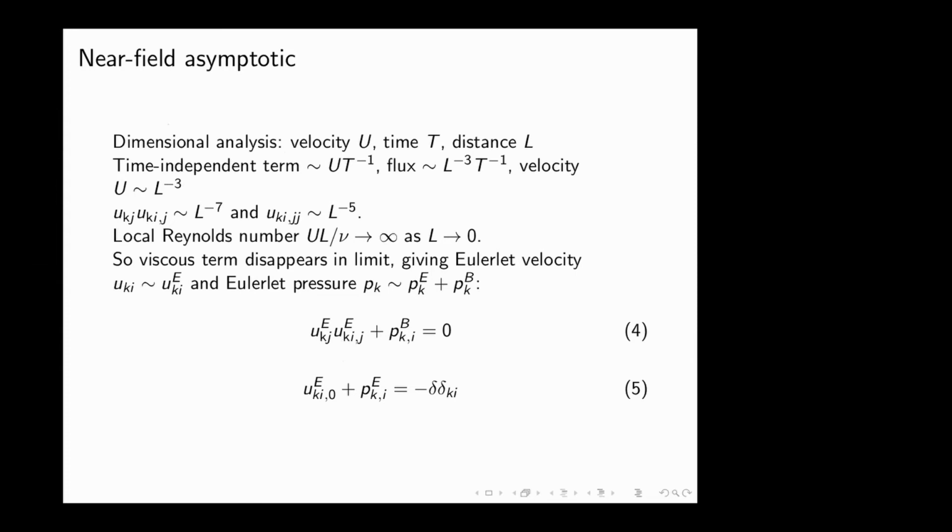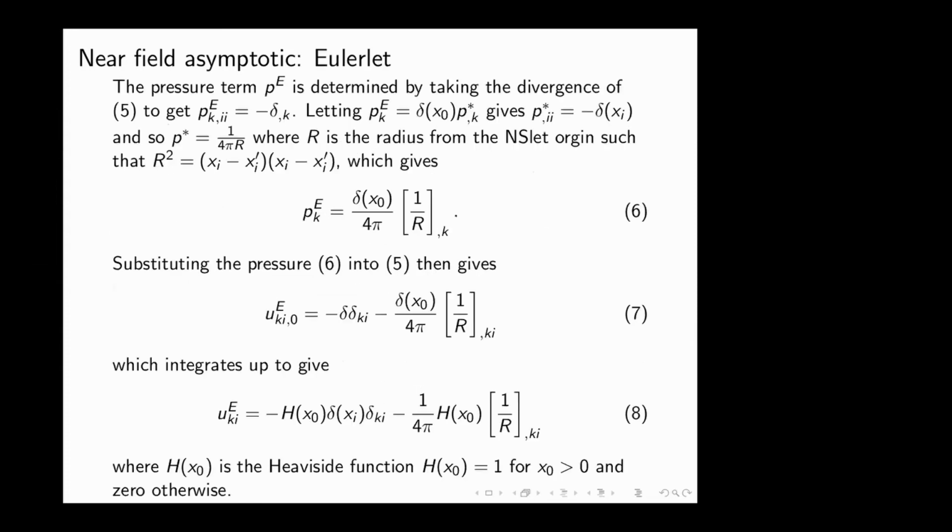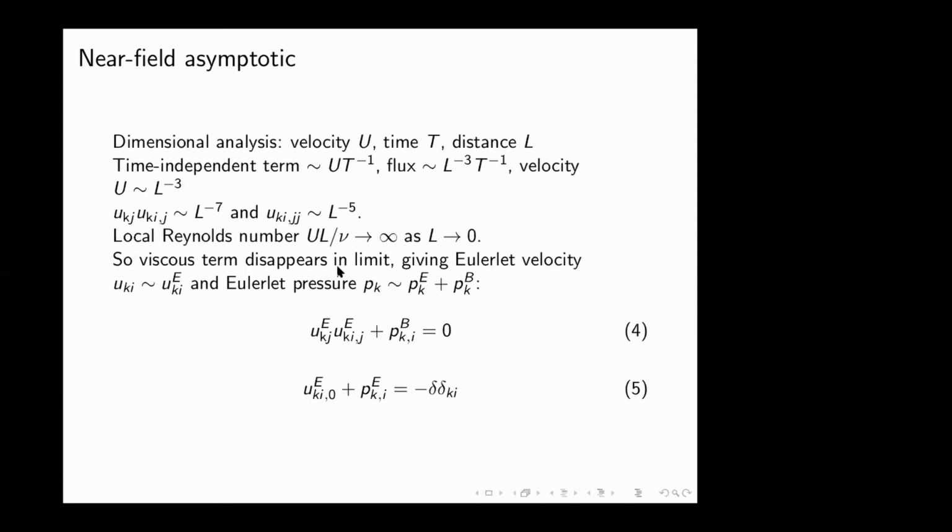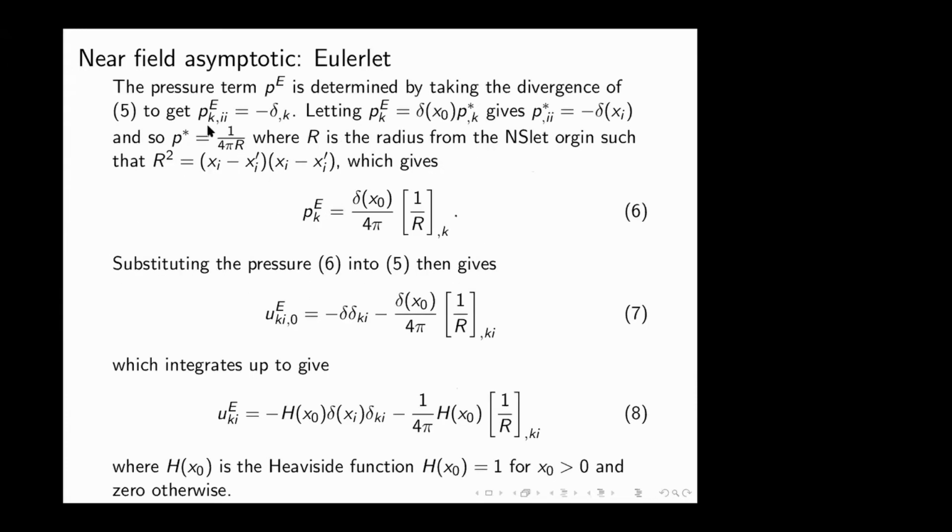Okay, so how we solve that? So looking at equation 5, we can differentiate through again. So if we differentiate through again with respect to I, from the continuity equation, that UKI e comma 0 term will disappear. And so we get PKE comma II equals minus delta comma K there.